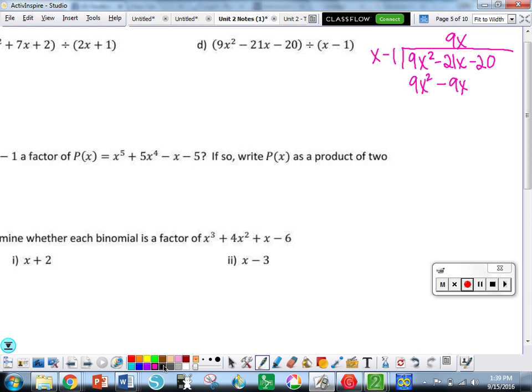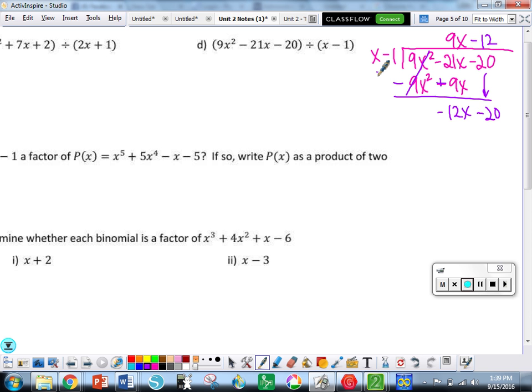Now, because we're subtracting, we change the sign of everything there, so it turns into a plus 9x. Okay, those will cancel. That becomes a negative 12x, brings down the negative 20. Do it again. Negative 12x, divide by the x, minus 12, good.